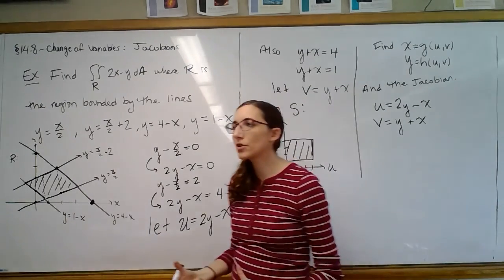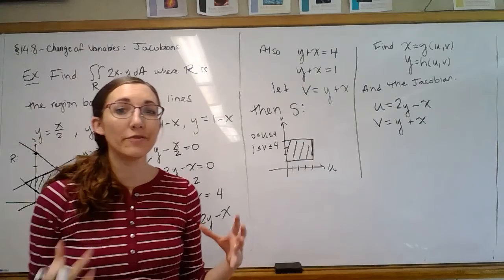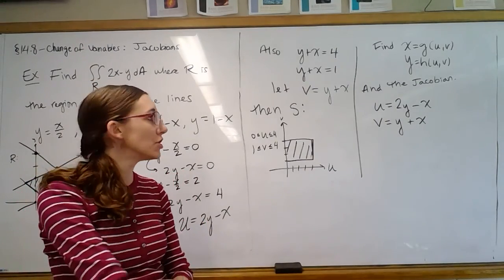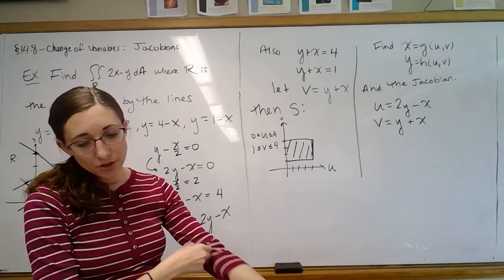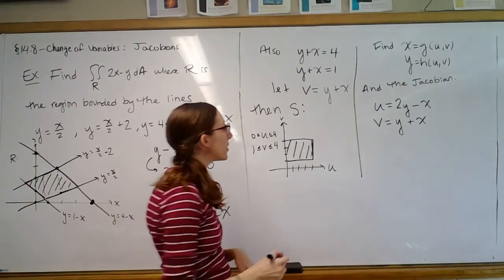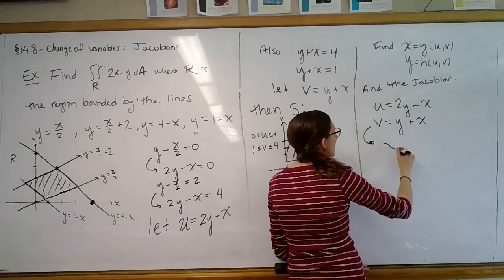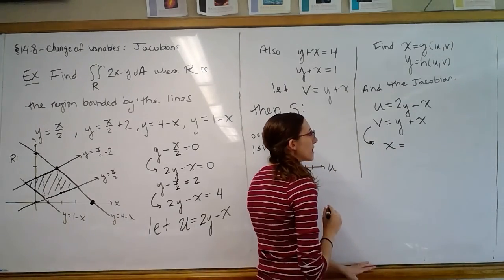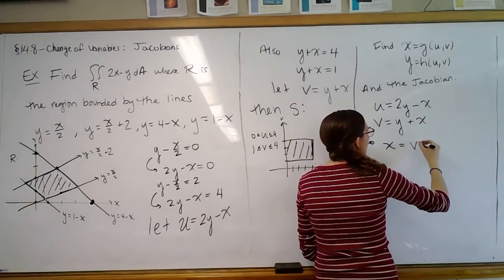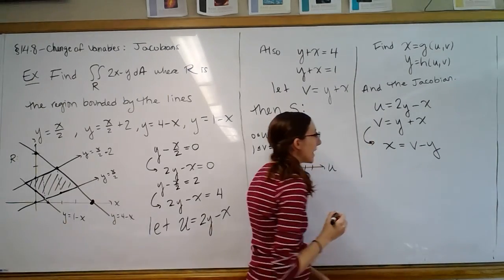Our goal is to get a function for x and y in terms of u and v. So essentially we just rearrange these formulas to get this to work. What if we start by looking for x, and we start with this one. So let's solve for x in terms of the others. So this would be x is v minus y.